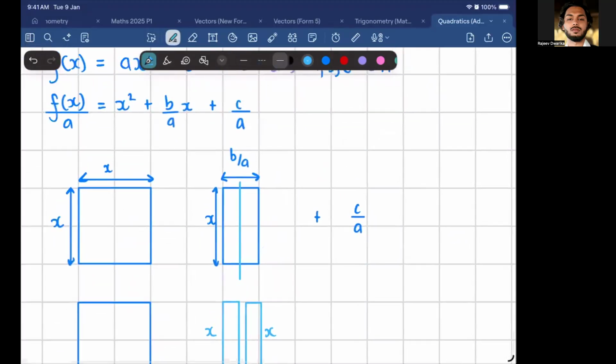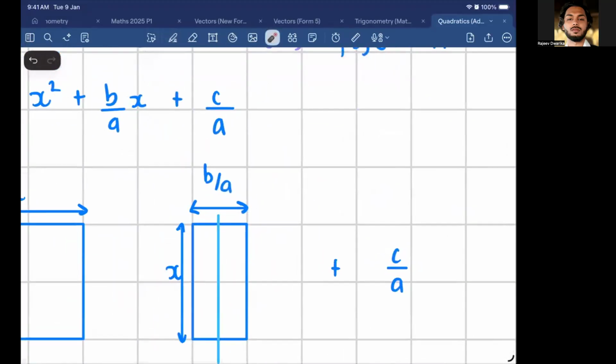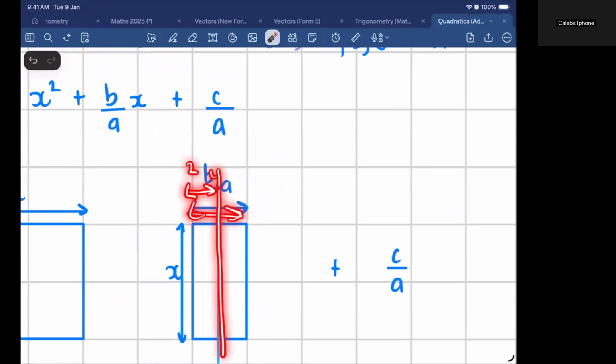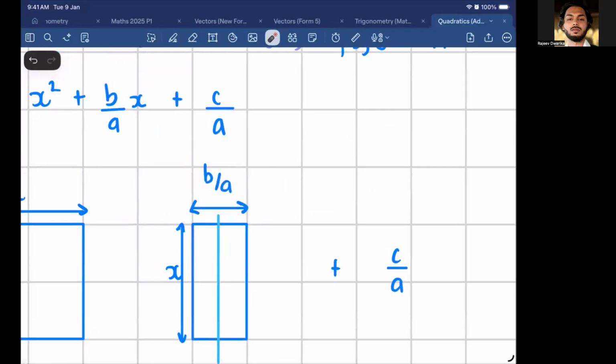Okay, but if the original length here was b over a and you cut it in half, wouldn't that be half of b over a? Yes. Think about it like this: if this length was 4 and you cut it down the middle, what would be the length of one of the halves? 2. So you need to find half of b over a.